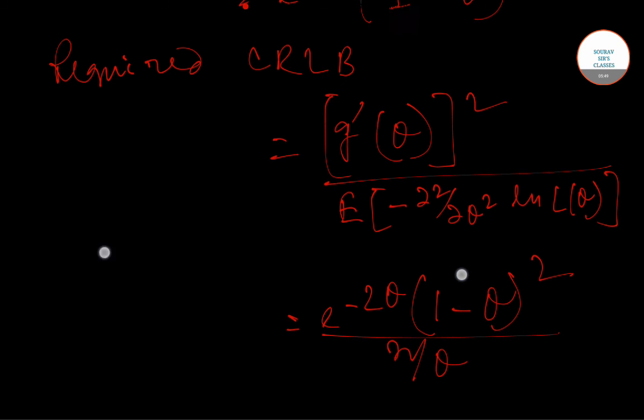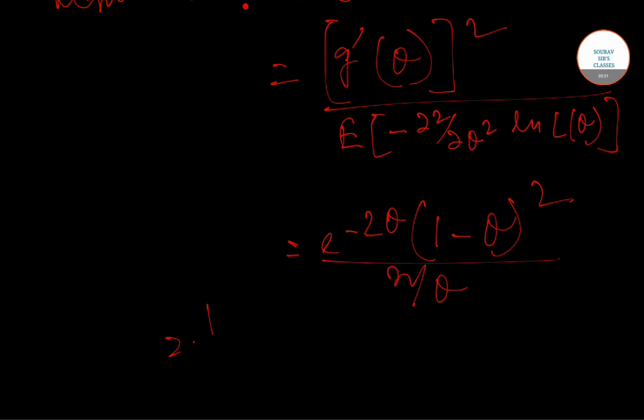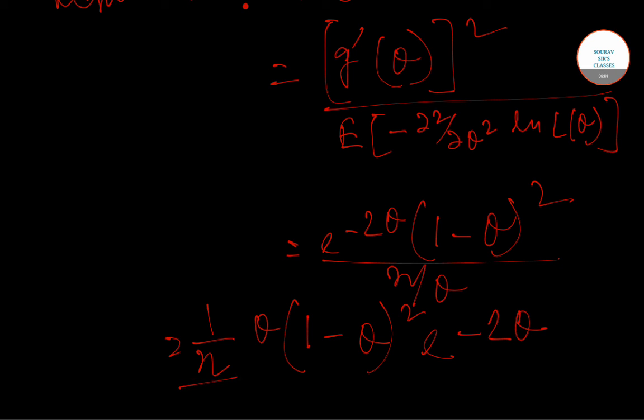That gives us 1 by n multiplied by theta into 1 minus theta whole square into e to the power minus 2 theta. So the correct option is 1 by n multiplied by theta into 1 minus theta whole square multiplied by e to the power minus 2 theta.